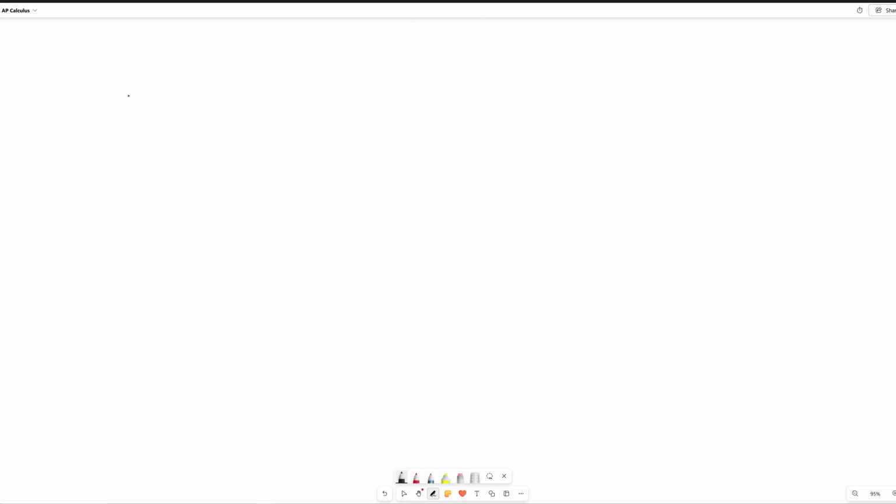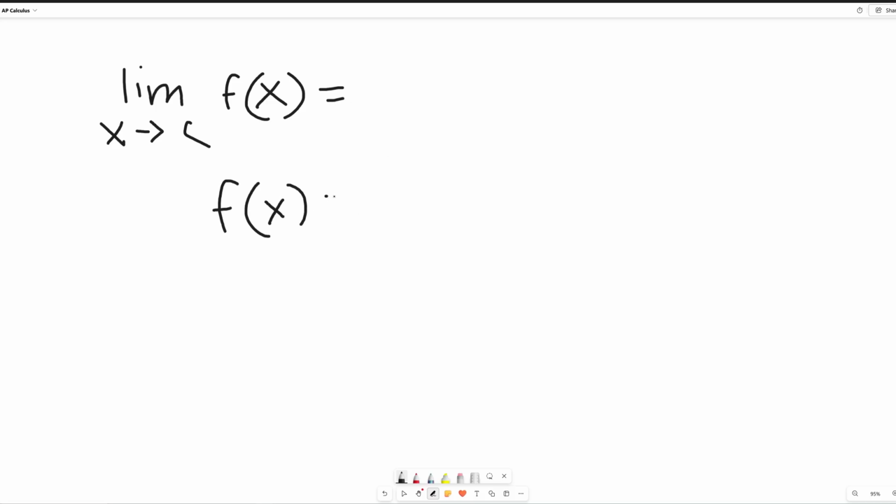So what is a limit? Well, a limit is when you have your variable, x, go towards a certain constant in a function. So if you take a very simple function, like f of x equals 2x, as x approaches the number c, there's nothing special about this function.